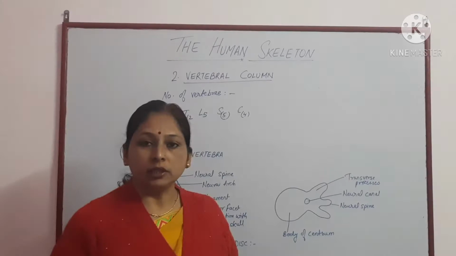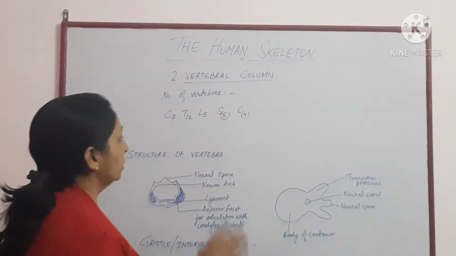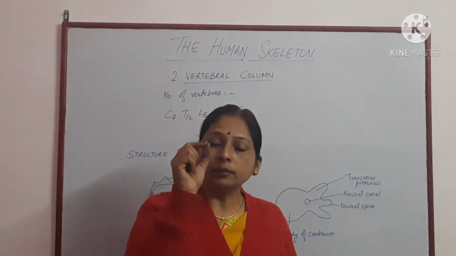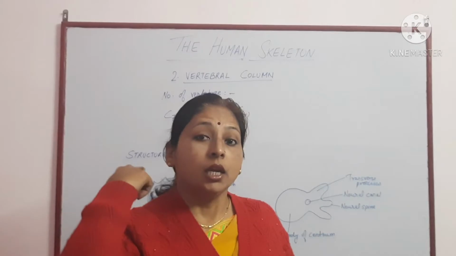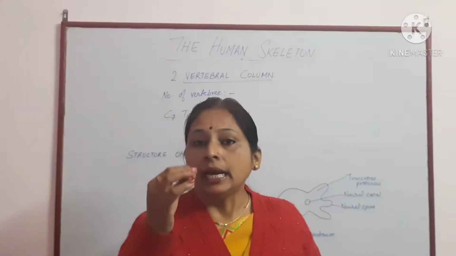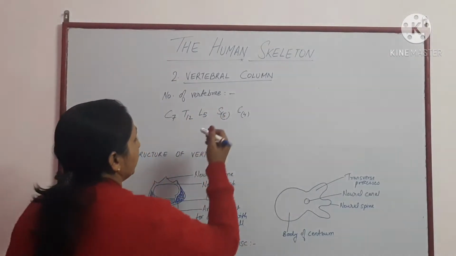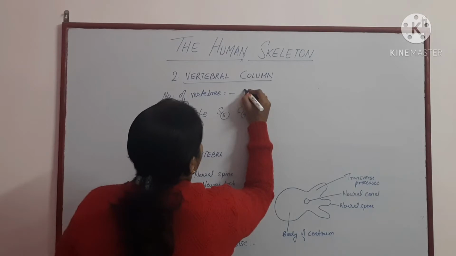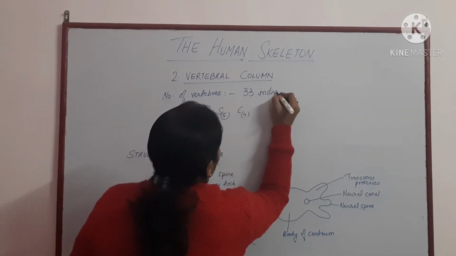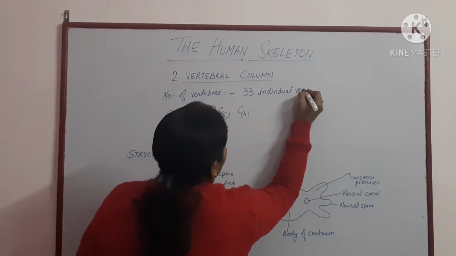Second is the vertebral column. Skull we have discussed. Second number is the vertebral column. In the vertebral column, first is the number of vertebrae. The vertebral column extends from the lower part of the skull up to the complete backbone and ends in the tailbone or the coccyx. So here the number of vertebrae is 33 if they are counted individually, 33 individual vertebrae.